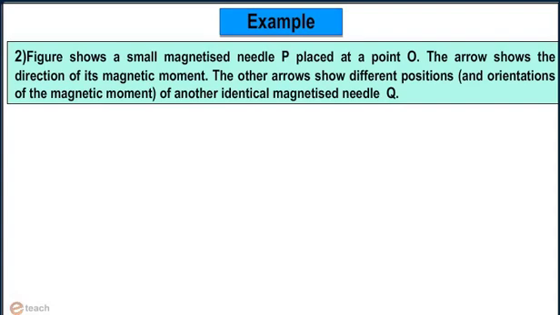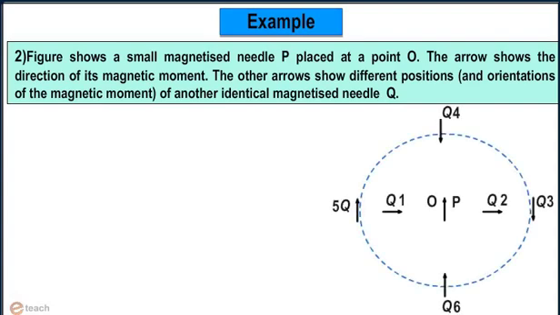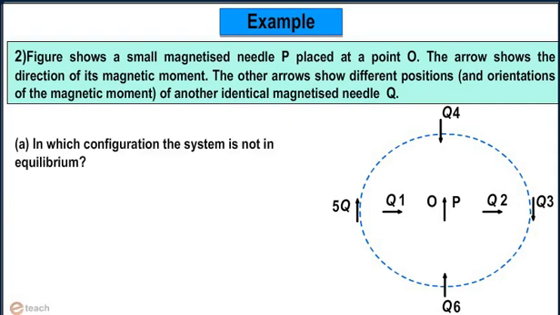Example: The figure below shows a small magnetized needle P placed at a point O. The arrow shows the direction of its magnetic moment. The other arrows show different positions and orientations of the magnetic moment of another identical magnetized needle Q. A. In which configuration is the system not in equilibrium?